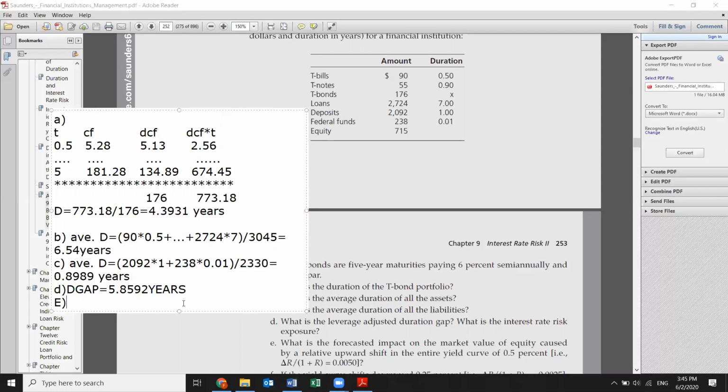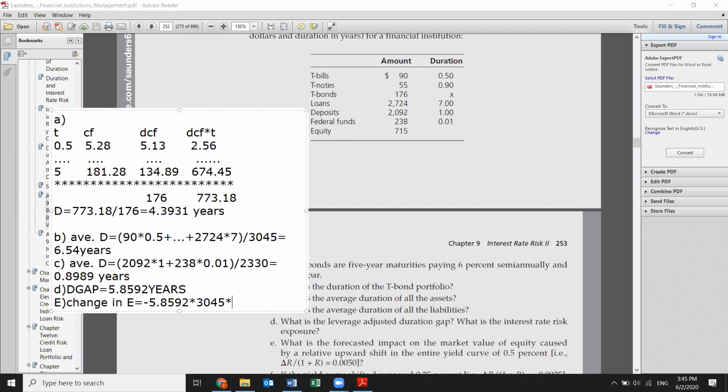So change in equity is equal to leverage adjusted duration gap, which is minus 5.8592 times the size of the assets, which is 3045, times the change by 50 basis points, but it increases, okay?